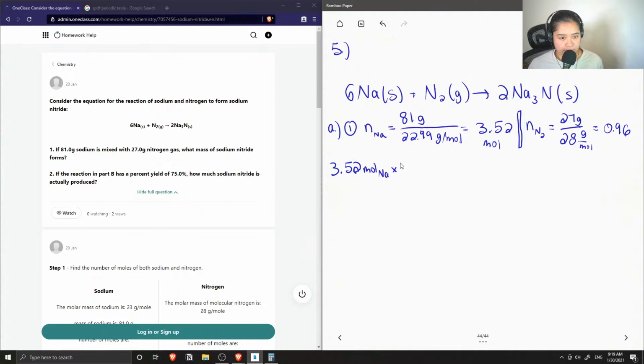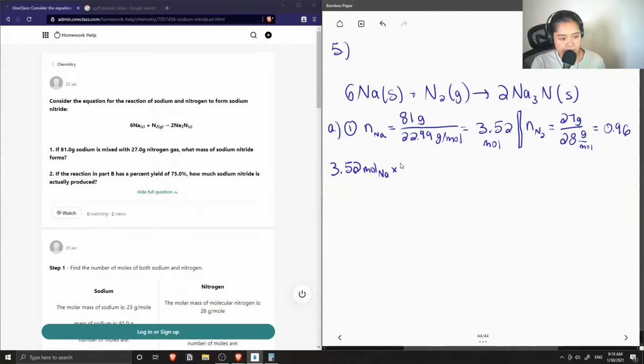Using our balanced equation, we need 6 moles of sodium to produce 2 moles of sodium nitride.